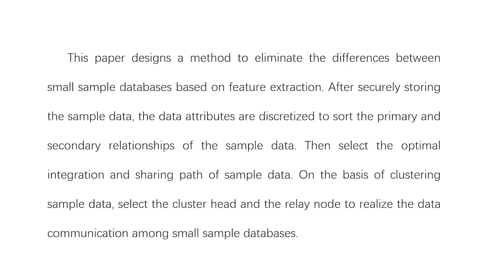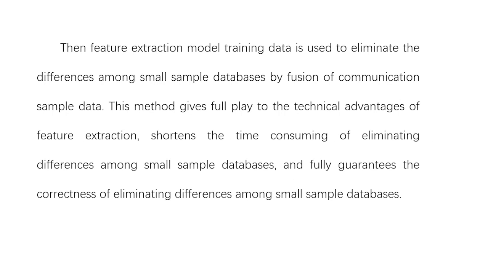On the basis of clustering sample data, select the cluster head and the relay node to realize the data communication among small databases. Then, feature extraction model training data is used to eliminate the difference among small sample databases by fusion of communication sample data.